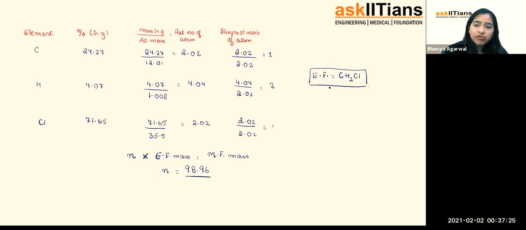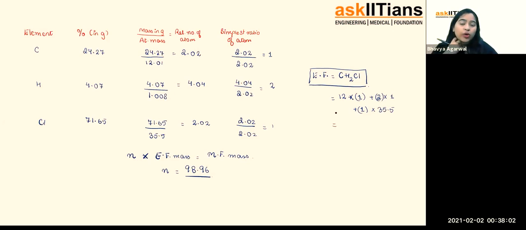Whereas the empirical formula mass will be what? Let's calculate. 12, just for simplification, you can use the manipulations, right? So 12 into 1, because 1 carbon is there, plus 2 into 1, because there are 2 hydrogens and each one has a mass of 1, and 1 into 35.5, right?